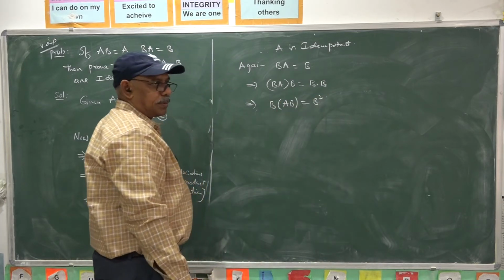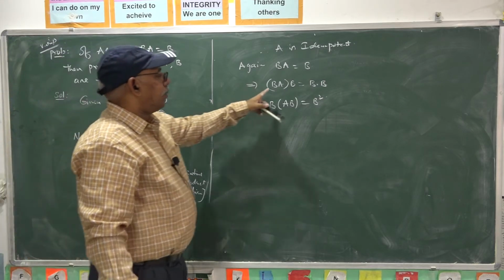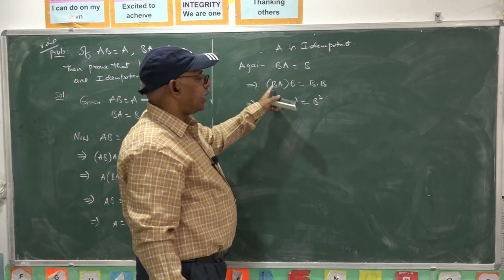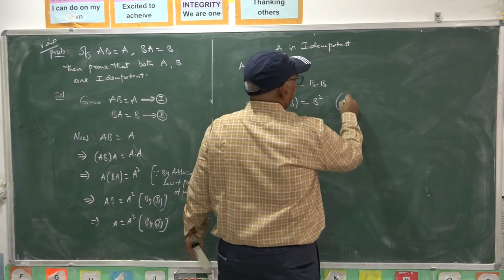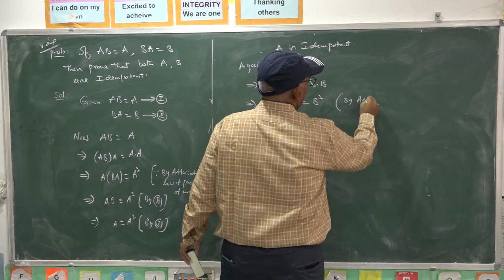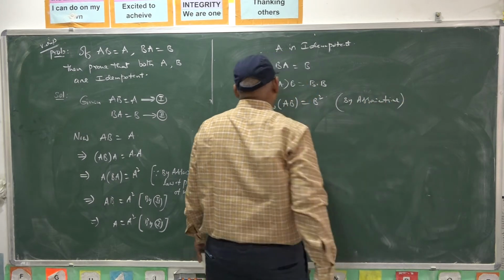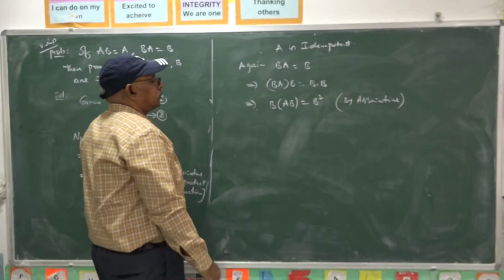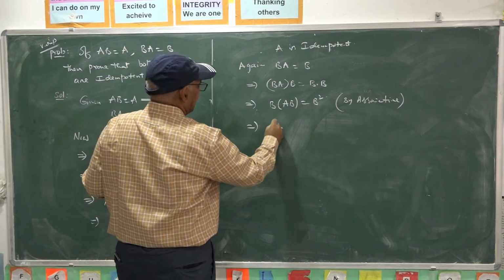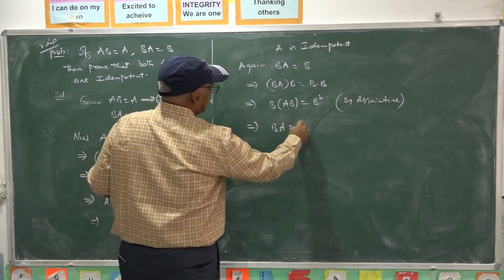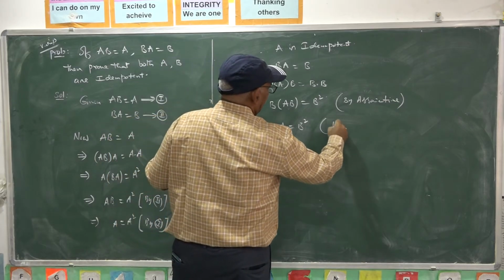Same concept, same analogy. By associative property of the product of matrices, you can write BA into B as B into AB. But AB is from the relation 1, AB is A. So hence B square equal to B by 1.